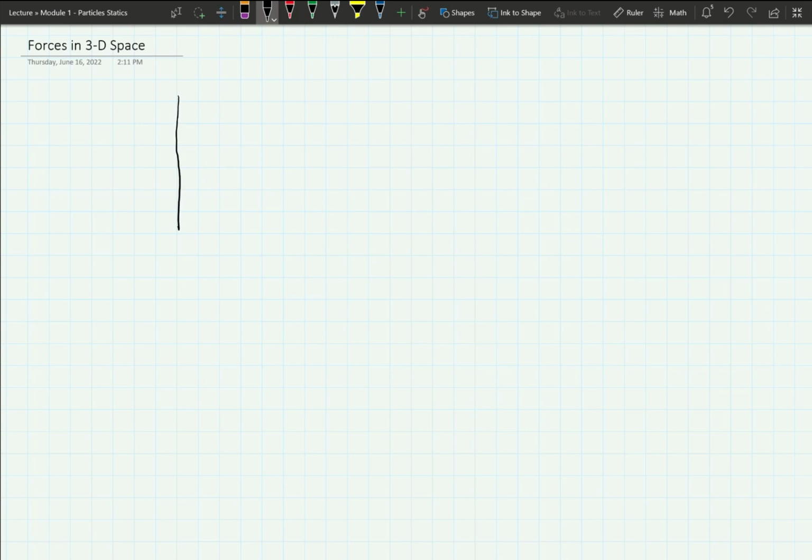I need an axis system here. There's Z, X, and Y. So if we do a vector here, and we call it F of x, we get a y component, and then we have a z component.